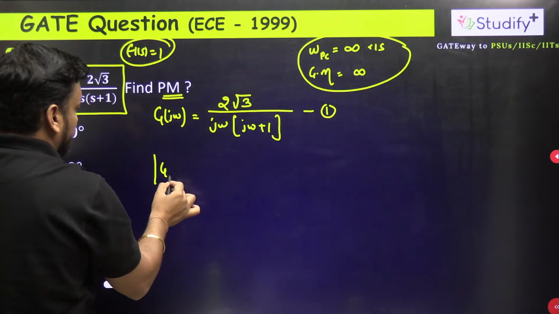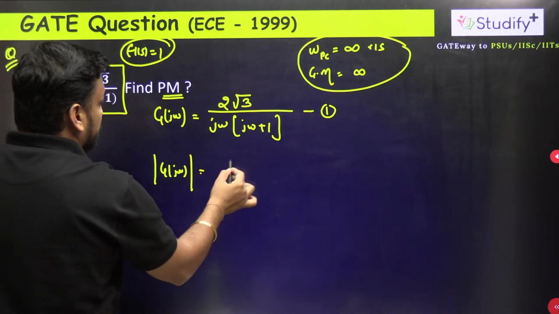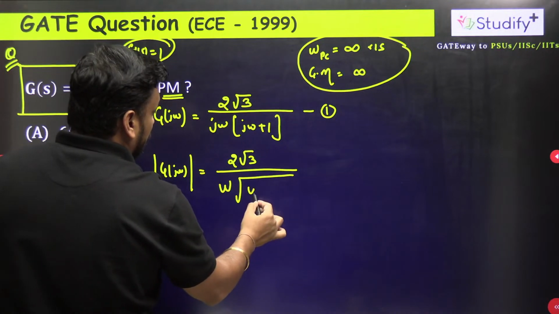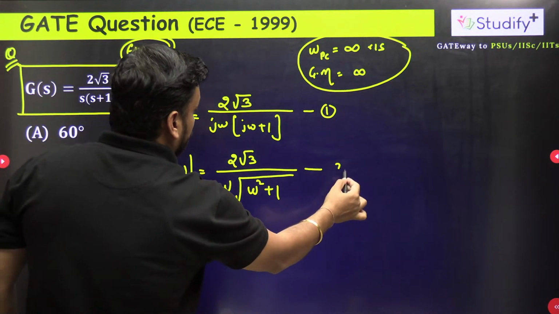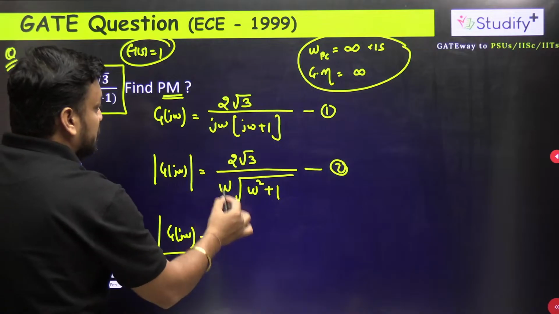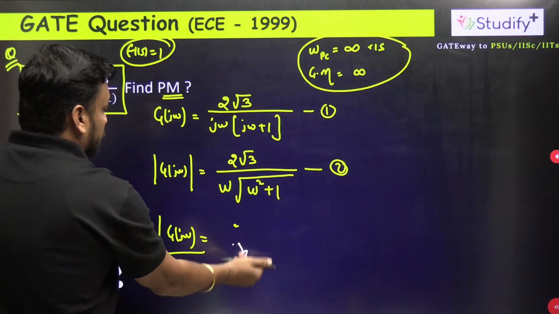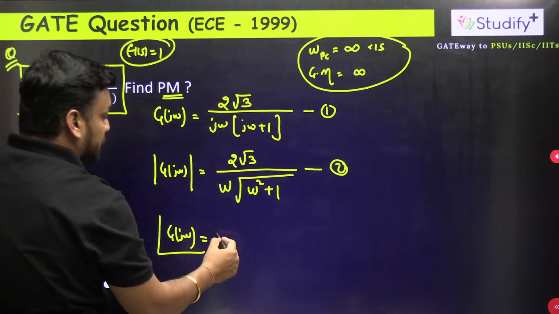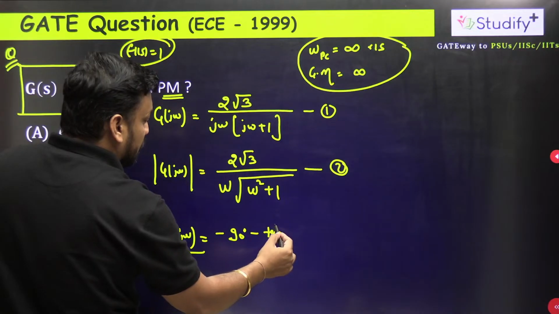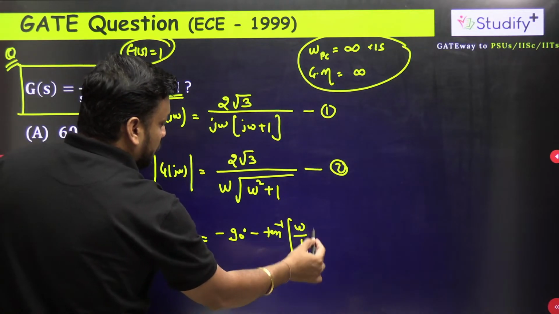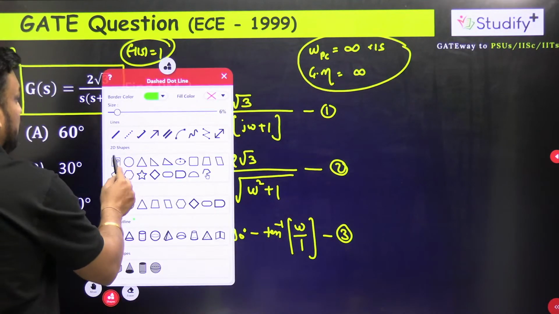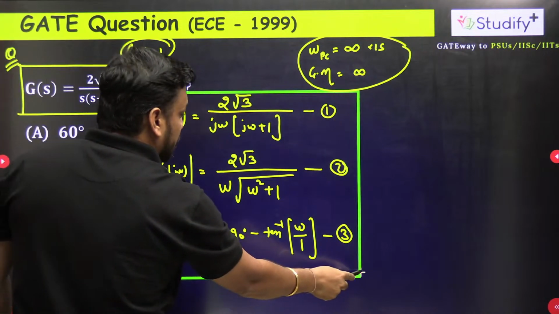And here I write the magnitude of G(j omega) is nothing but twice root 3 upon omega under root of omega square plus 1, equation number 2. And if I talk about the angle, the angle of G(j omega) is nothing but, what is the angle of 2 root 3? It is 0. And j omega angle is minus 90 degrees, sir, when it comes in the denominator. And this angle is nothing but again minus tan inverse omega by 1. Is it my equation number 3, guys? Yes. So is it your 1, 2, 3 equations? Is this clear? 1, 2, 3.